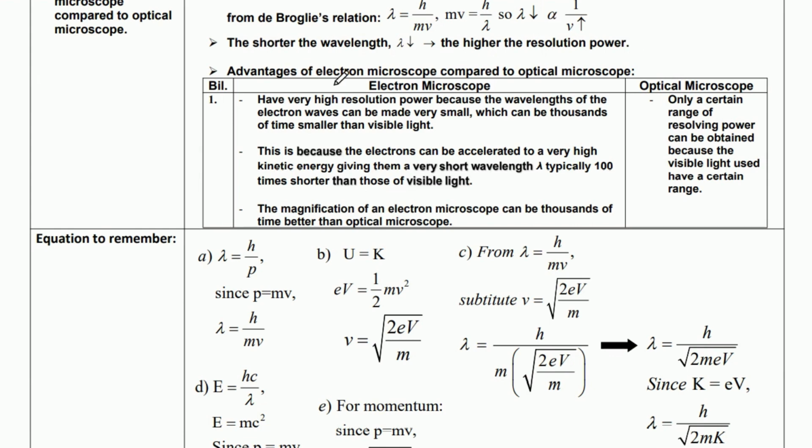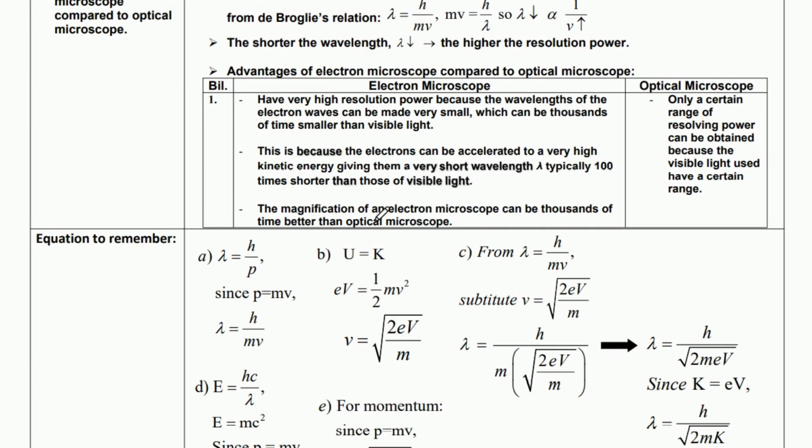Okay, so advantages of electron microscope compared to the optical microscope. Okay, untuk electron microscope have a very high resolution power because the wavelength of the electron wave can be made very small, which can be thousands of times smaller than the visible light. Okay, this is because the electron can be accelerated to a very high kinetic energy, giving them a very short wavelength lambda, typically 100 times shorter than those of the visible light.